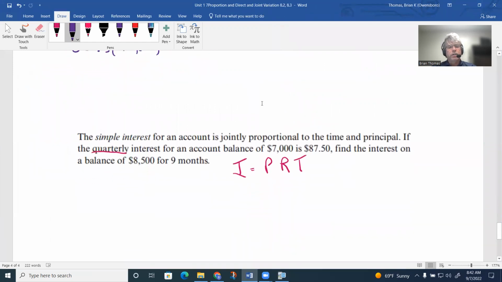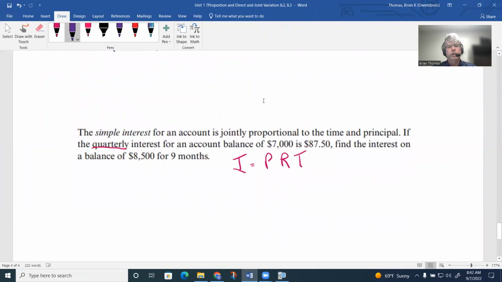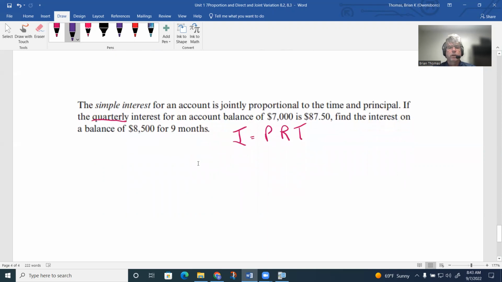An application also is: the simple interest of an account is jointly proportional to the time and principal. If the quarterly interest for an account balance of $7,000 is $87.50, find the interest on the balance of $8,500 for 9 months.